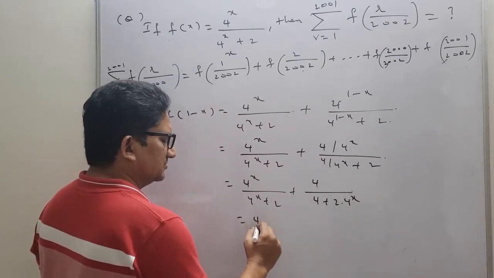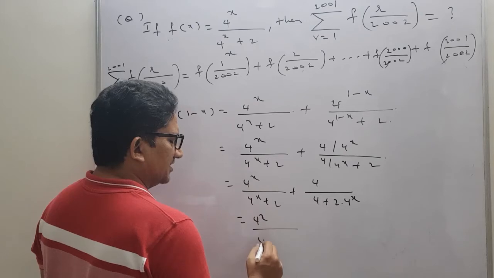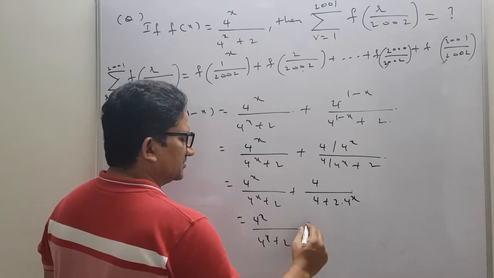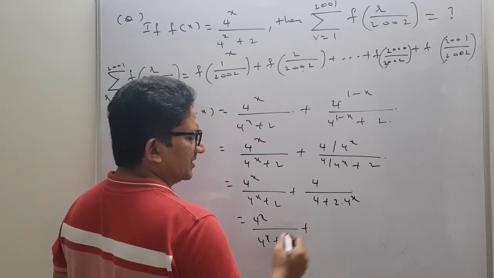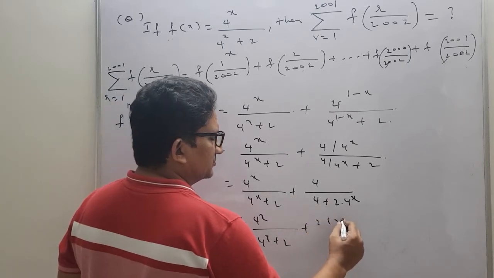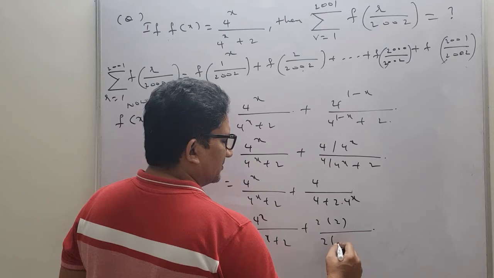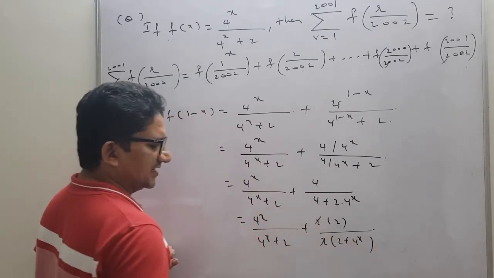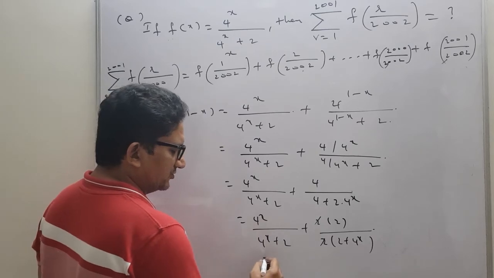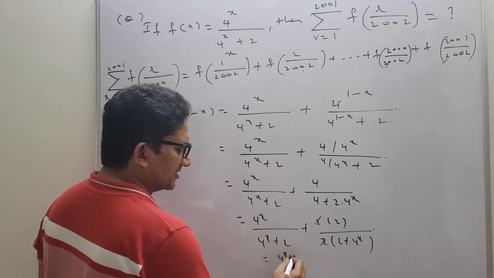So that is equal to 4 to the power of x divided by 4 to the power of x plus 2, plus, if we take 2 common here, 2 into 2 divided by 2 common, means we will get 2 plus 4 to the power of x. This 2 gets cancelled. Now here you can notice the numerator and denominator are both the same after taking LCM.